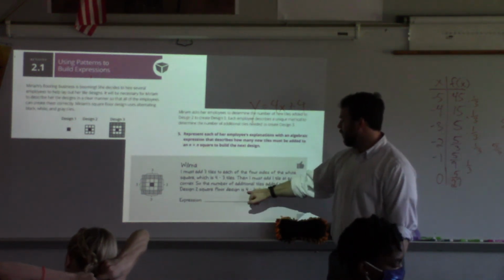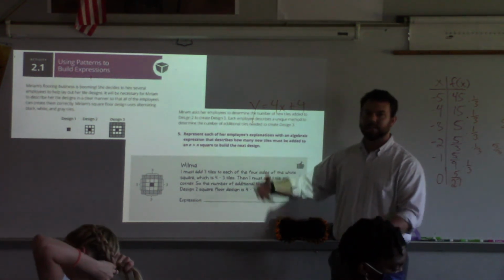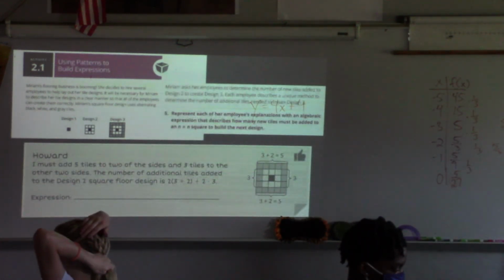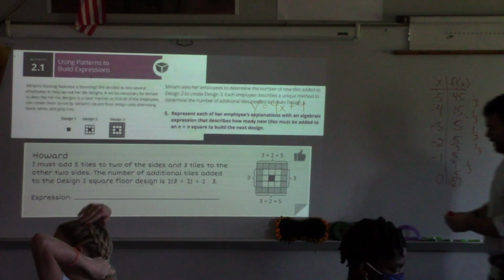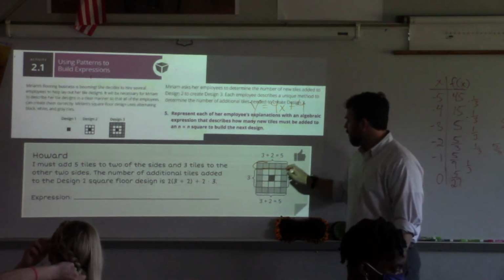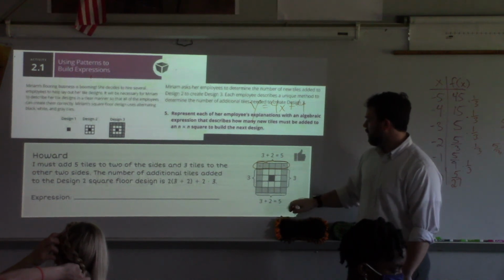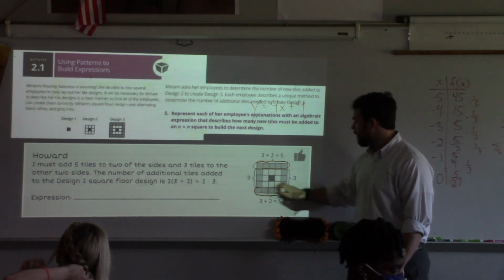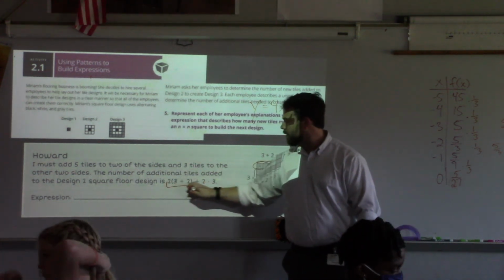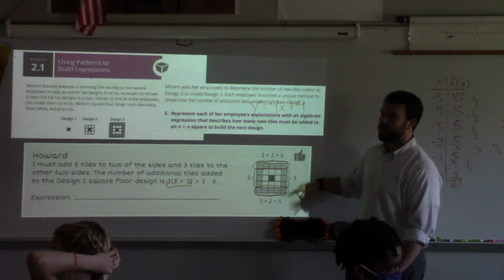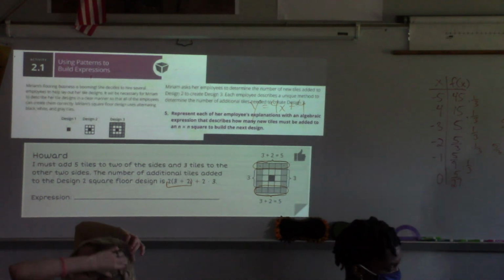So they did 4 times n for whatever that inside set was, and then they added the 4 corners. When we looked here at Howard, he saw it differently. Howard saw this up here where it was the 3 in the center plus the 2 corners for 5. Same thing down here, and so we had 2 groups. And so that became 2 times n plus 2.